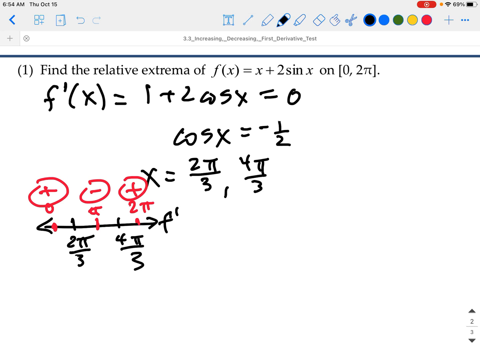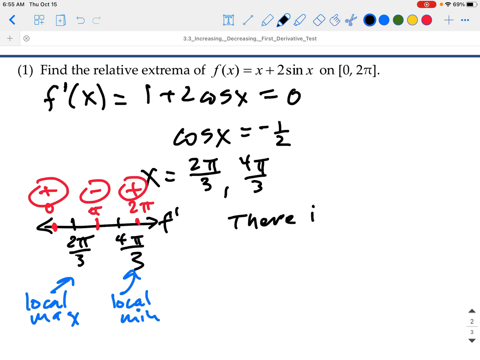So now we just need to write our explanation. We can see that we're going to have a local max at 2 pi over 3 and a local min at 4 pi over 3. So let's go ahead and write our explanation.